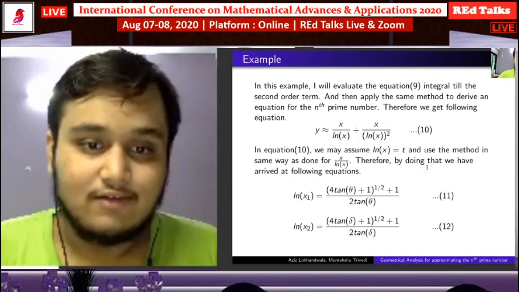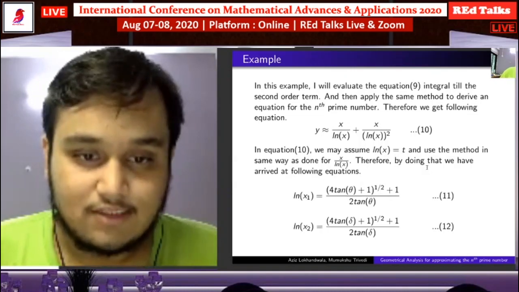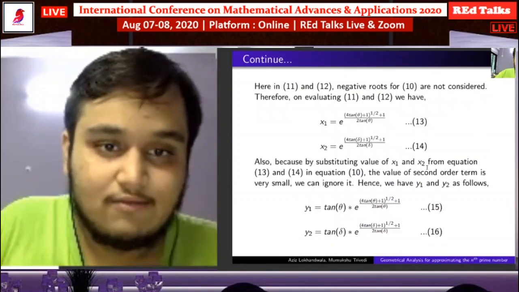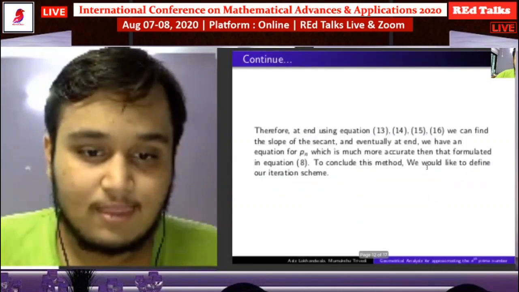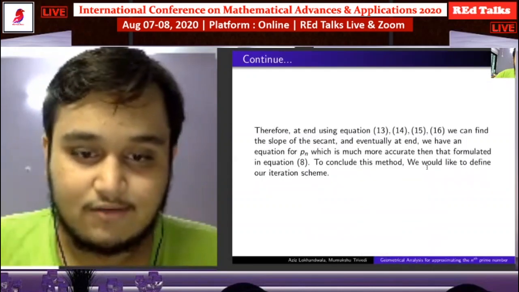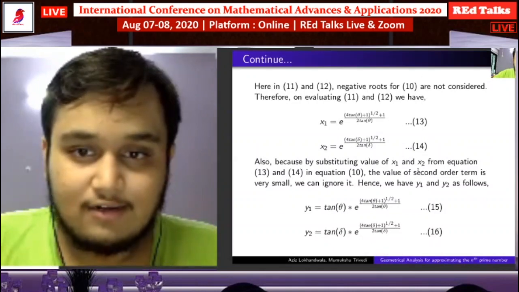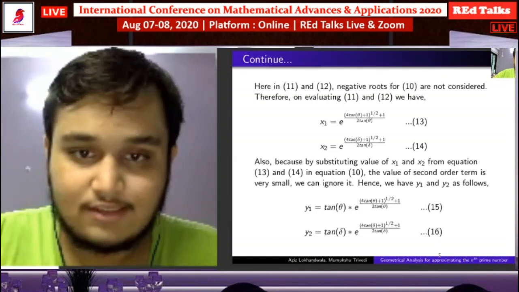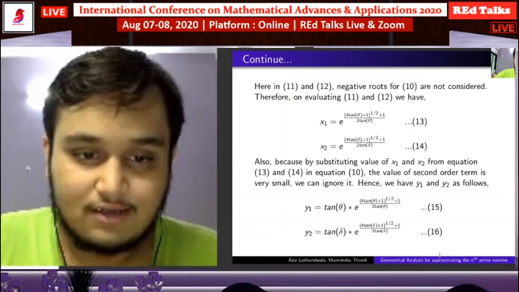Like in the earlier way, we will find x1 as this equation 11 and x2 as this equation 12. Similarly, y1 and y2 can also be found, because y1 equals m1 x1 and y2 equals m2 x2. Therefore, at the end, using these 13, 14, 15, and 16, we can find the slope of the secant by y2 minus y1 upon x2 minus x1.